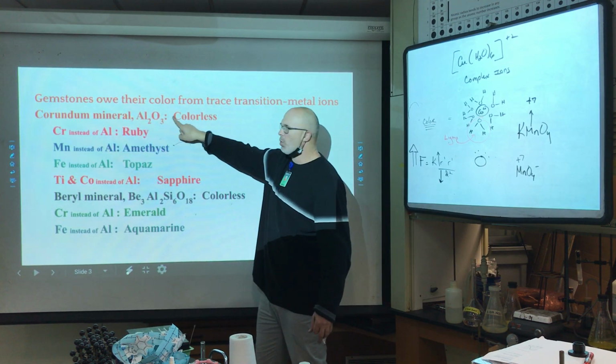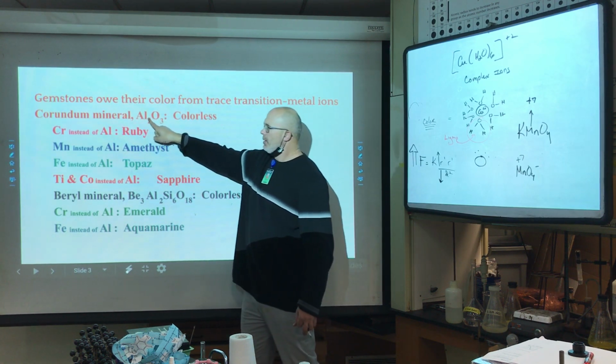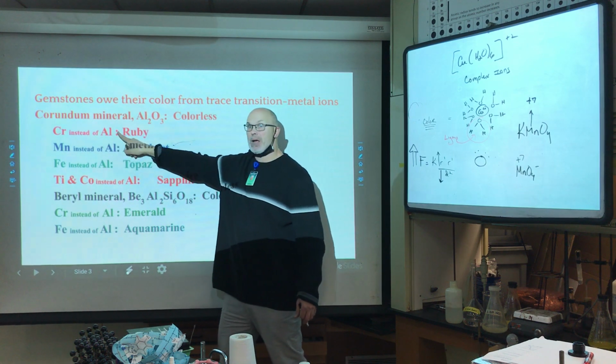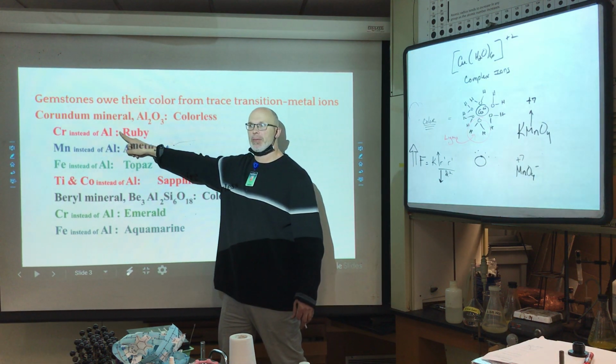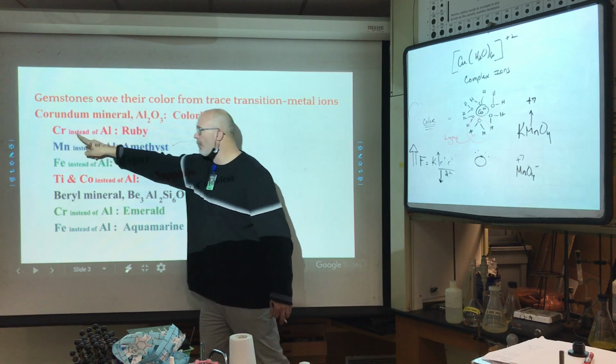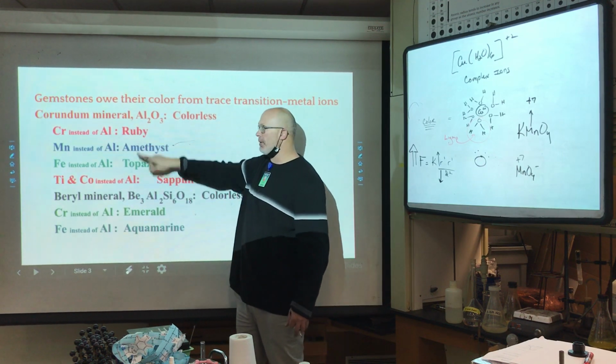It is almost worthless. But if you have a few chromiums instead of aluminum, that'd be a substitutional scenario, not an alloy, but in the crystal, if you have just a few of these chromiums, it becomes a ruby.